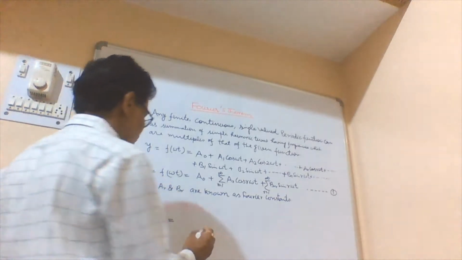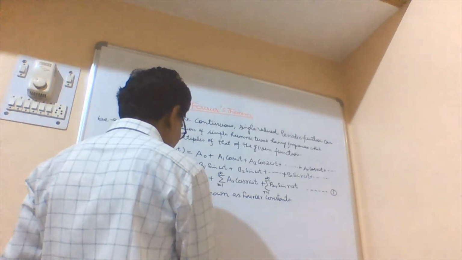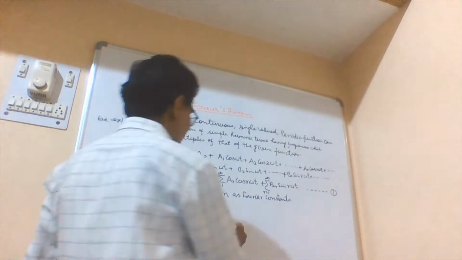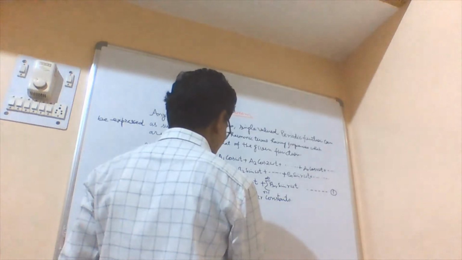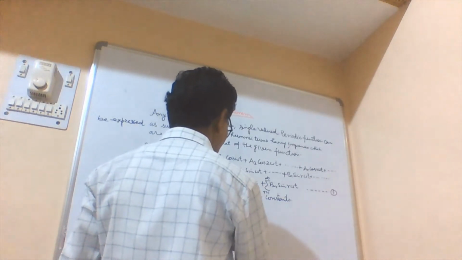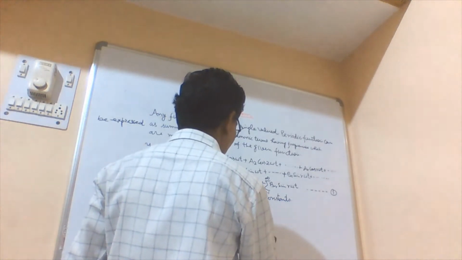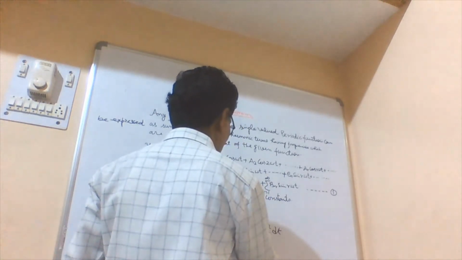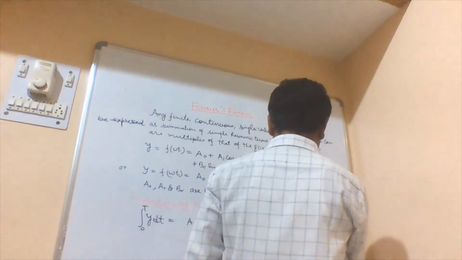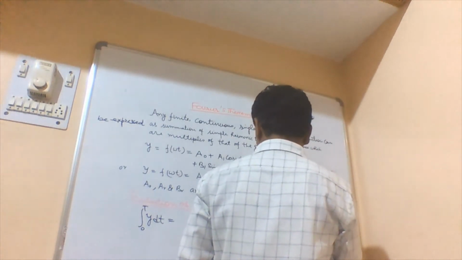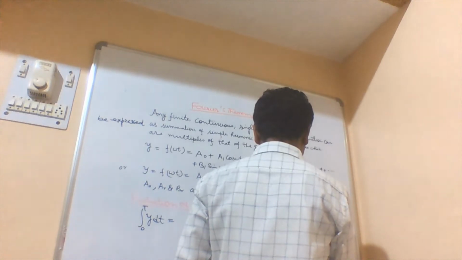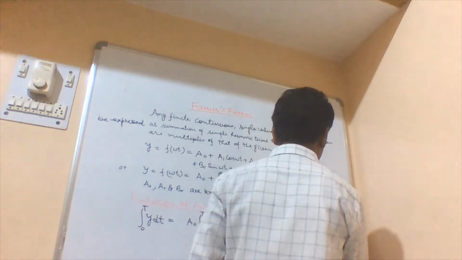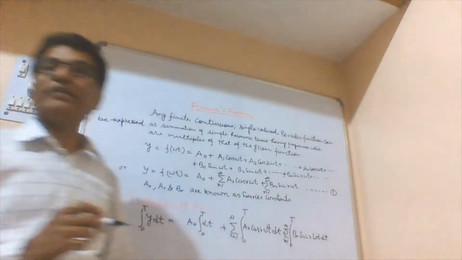This is equal to a naught constant term है, may be taken out from the integral sign dt 0 to T plus summation r is equal to 1 to infinity integral ar cos r omega t dt 0 to T plus integral 0 to T summation r is equal to 1 to infinity br sin r omega t dt, like this one.